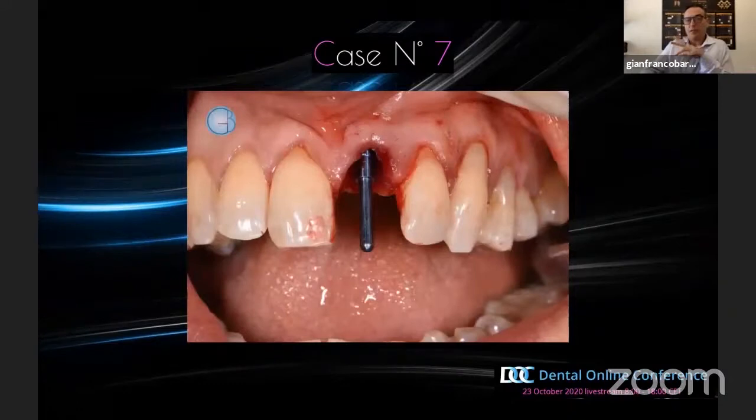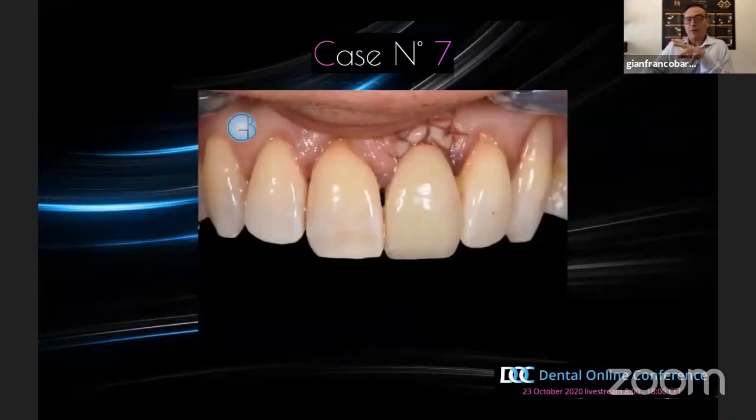The dentist puts the implant in the right position with this guide, and afterwards uses the same guide as an immediate temporary crown.